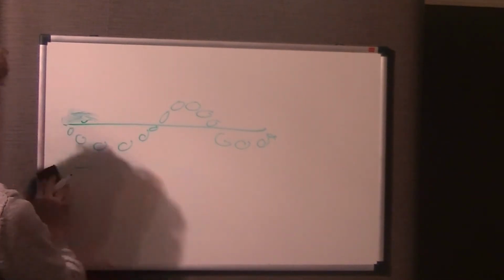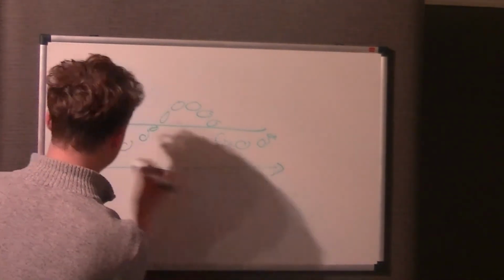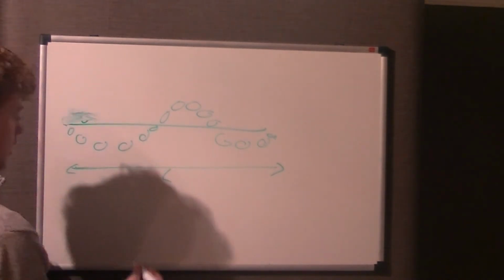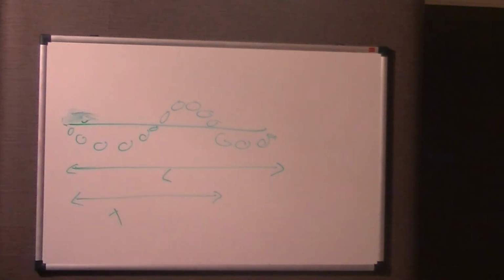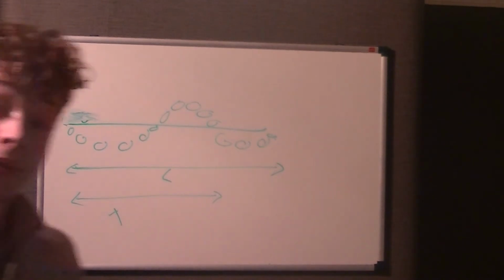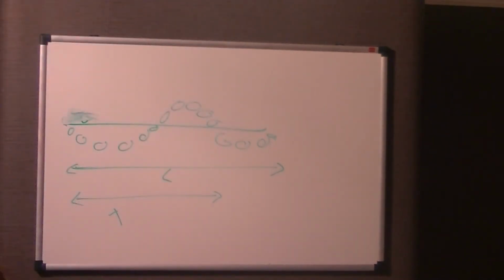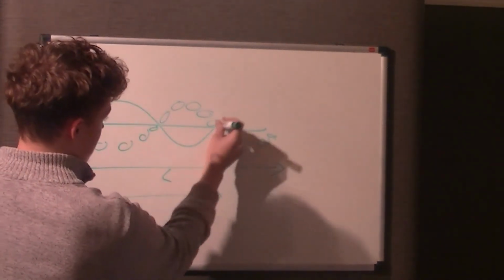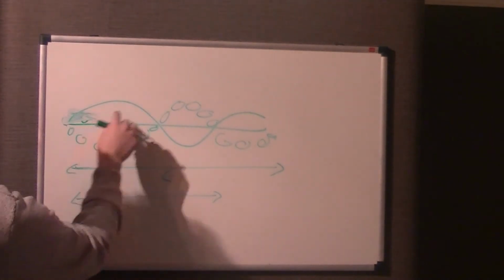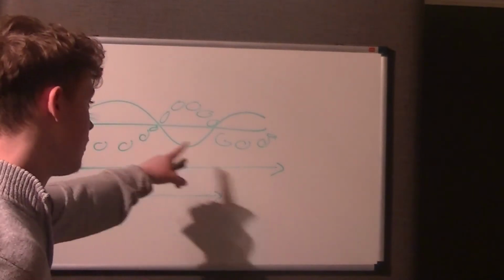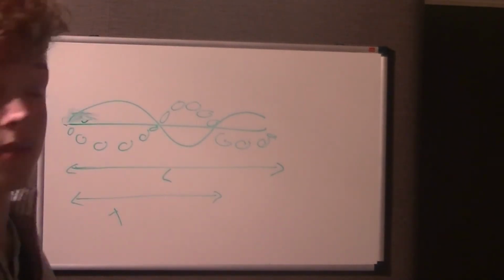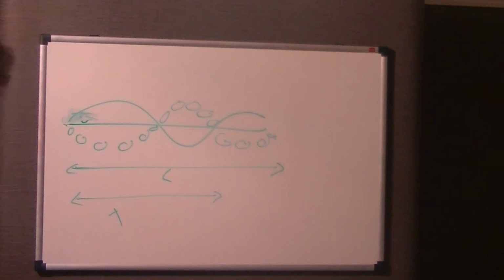So this is the length of it, and this is a full wavelength. Sorry, I haven't done that very well, but hopefully you've seen where we're going with this. And that's two progressive waves on a string, just demonstrating it for you so you can see where we're getting the wavelength from. Hopefully you can see that. If you can't, I'm sorry, just trying to help you out there a little bit.